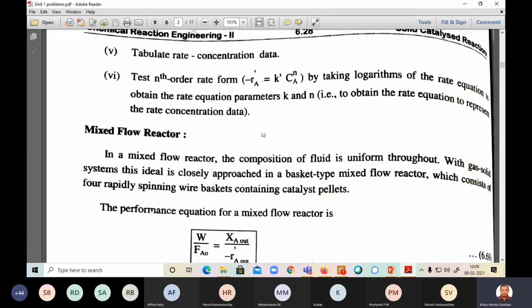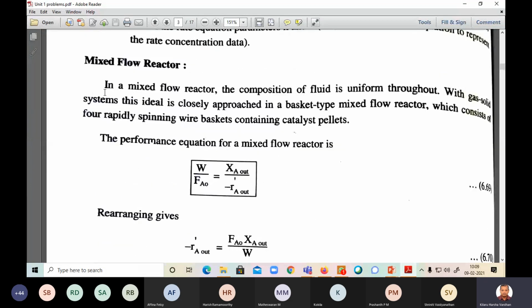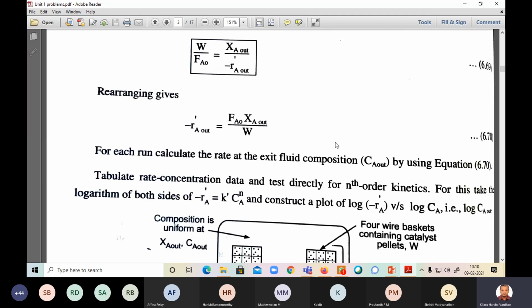The third type is the mixed flow reactor. Again, in the mixed flow reactor, the composition of the fluid is uniform throughout, just like in homogeneous reactions, where we assume that the mixed type reactor is uniform. With a gas solid system, this is ideally closely approximated as a basket type mixed flow reactor. You can see a basket type.